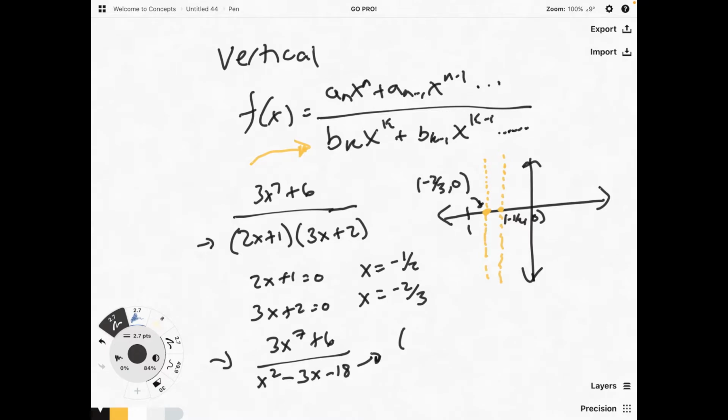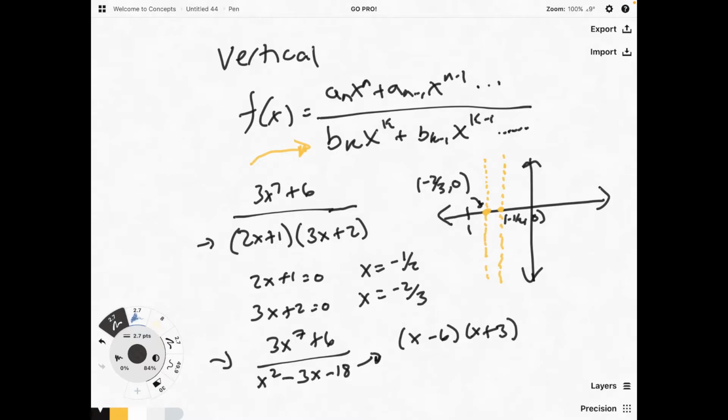This factors into x minus 6 and then x plus 3. If we wanted to check, we would have x squared, we would have a 3x, we would have a negative 6x. Add the negative 6x and the 3x together, which gives us a negative 3x, and then negative 6 times 3 is negative 18. So these would be our factors.